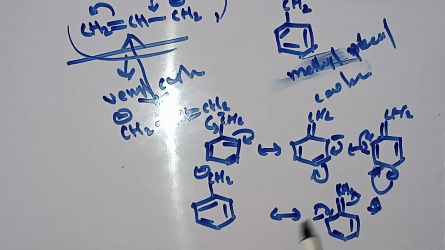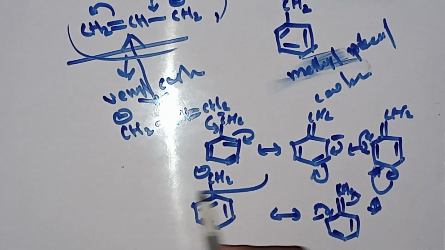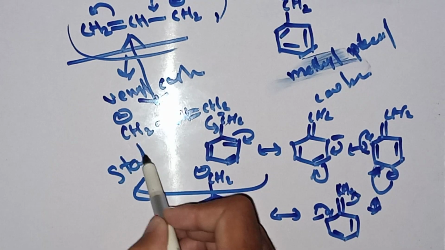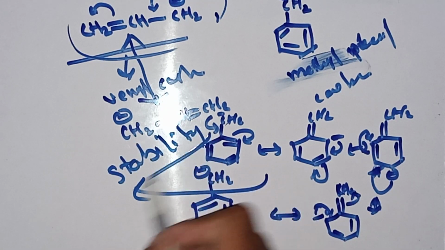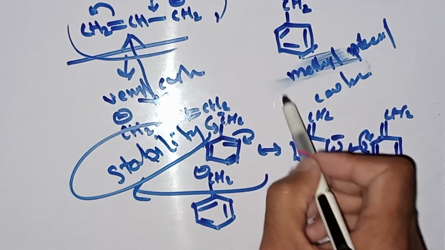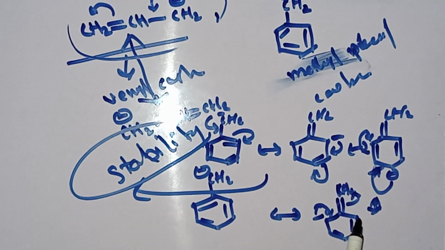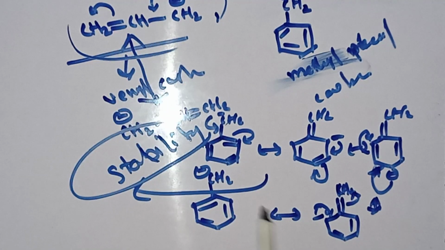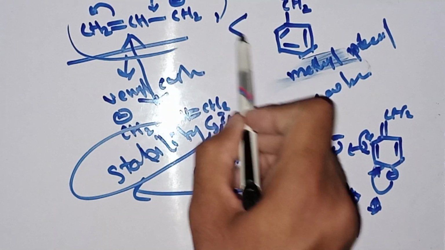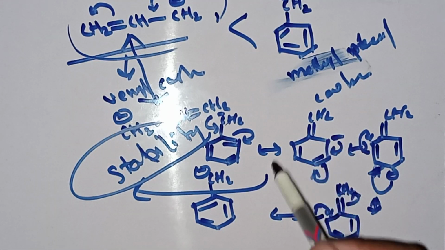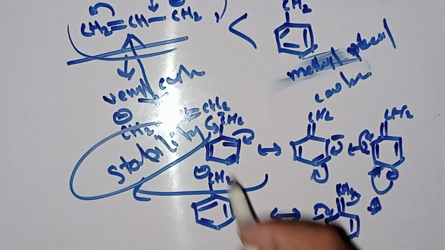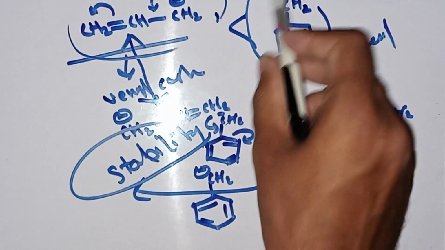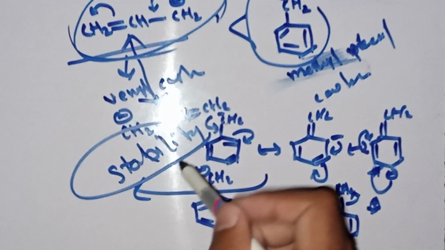The more the dispersion of electron density, the more the stability, or you can say it will show less reactivity, because more electron density is dispersed here. But in the vinyl case the charge density is less dispersed. So the phenyl methyl carbanion will be more stable than vinyl carbanion.